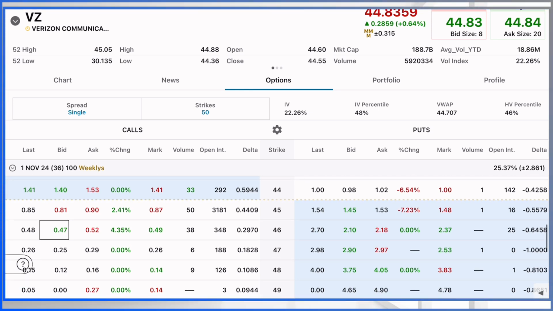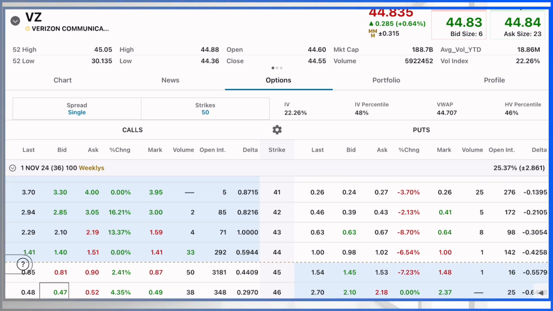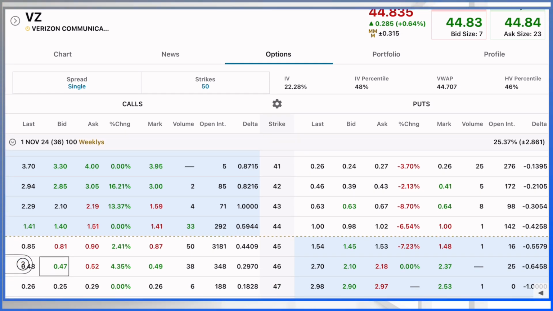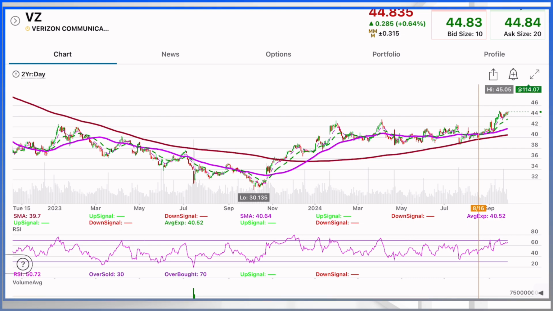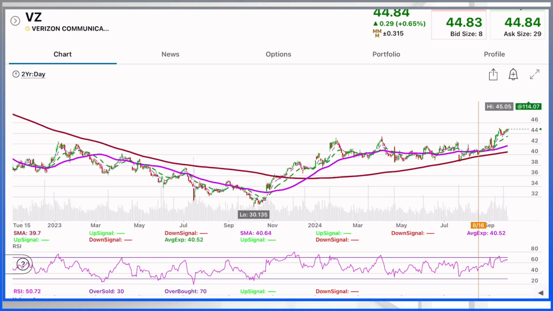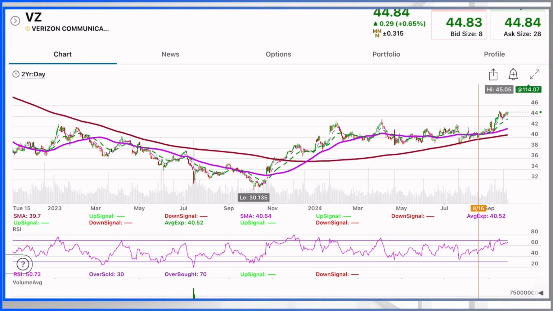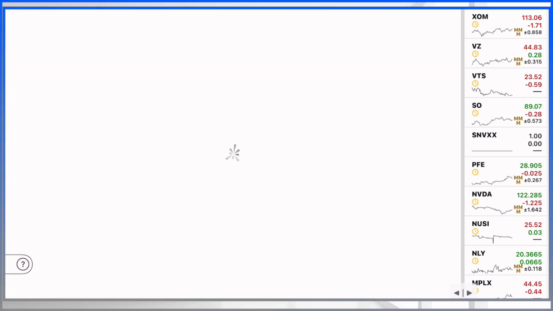And that's up 4% today because the stock is up. So again, this is one I'd have to do some research on. I wouldn't kick it out of the portfolio, but I definitely would say that we may want to look at other stocks. So let's go back and look at the other stocks.